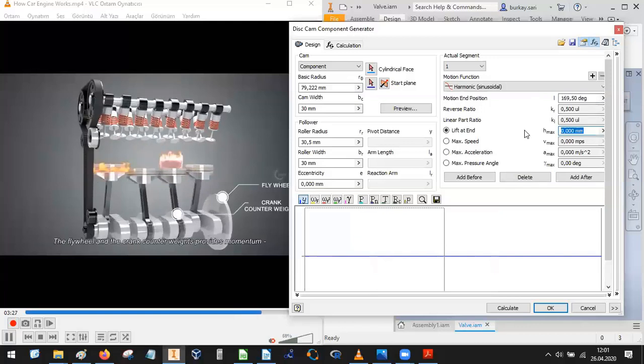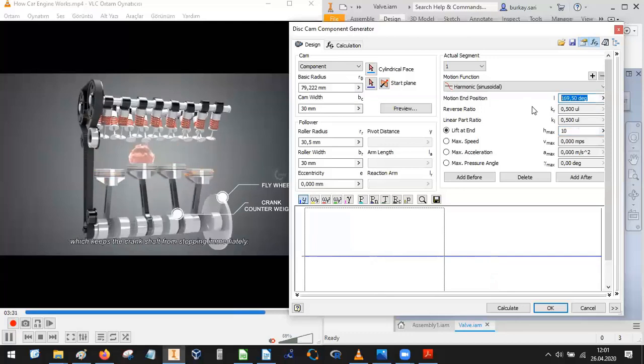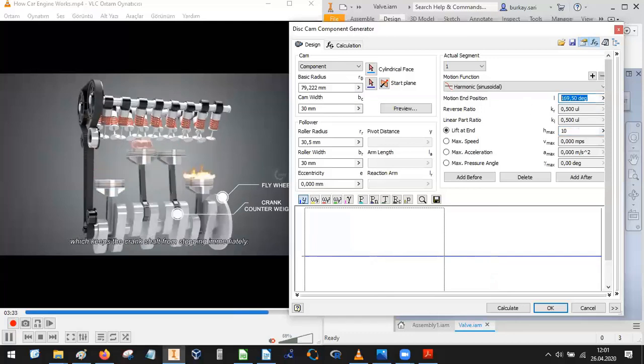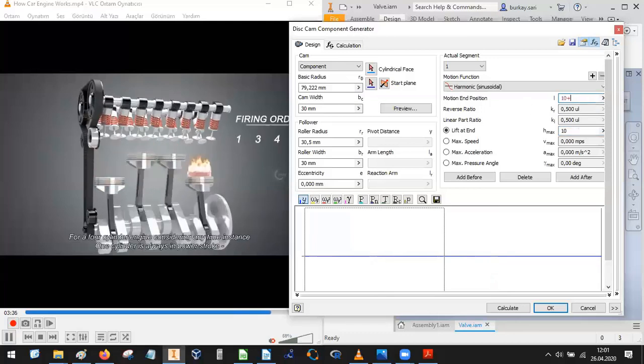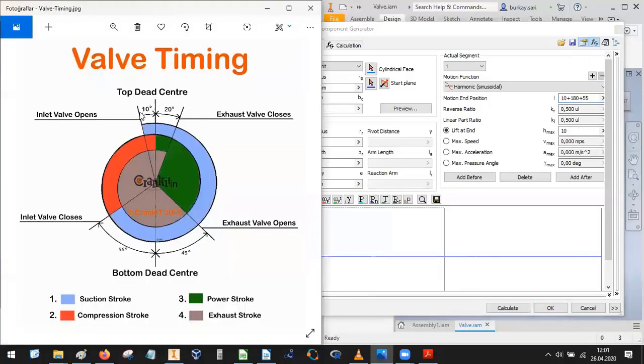Here, the lift end, let's say 10 millimeter, with 10 degrees plus 100 plus 55, tells me this timing. This is the 10 millimeter, 10 degrees, 100 degrees up to this point, and 55 degrees after this 100 degrees.